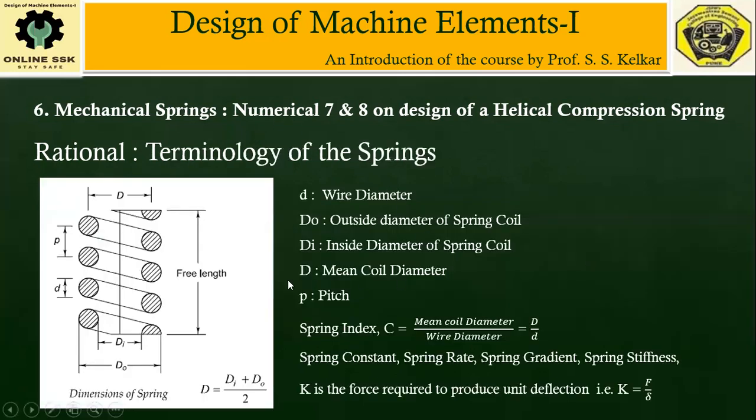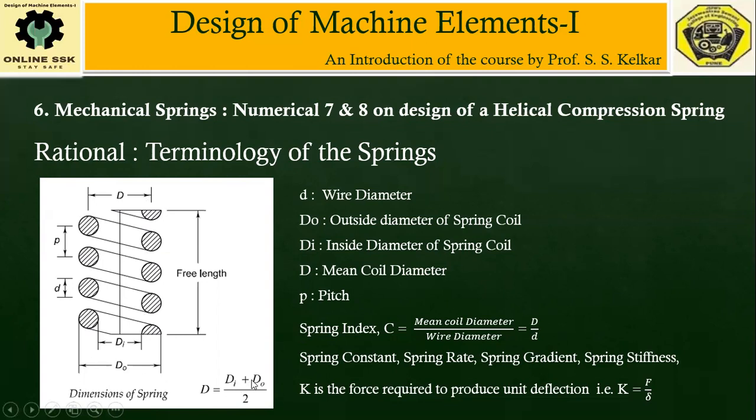Now we know that for the spring, wire diameter is denoted by small d. The distance between similar points on consecutive turns is denoted by small p, the pitch. Then there is the external diameter of the coil of the spring, do, and the internal diameter of the coil of the spring, di.